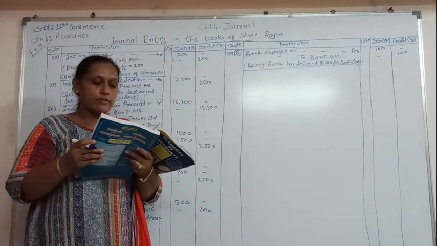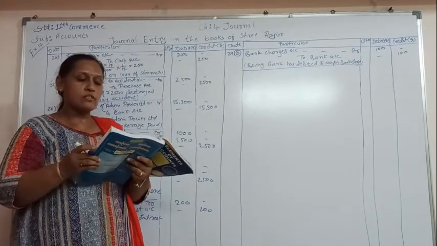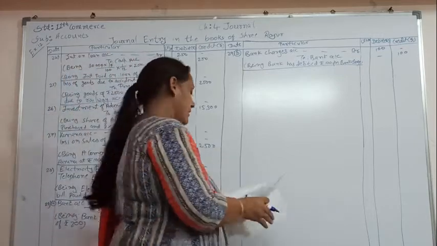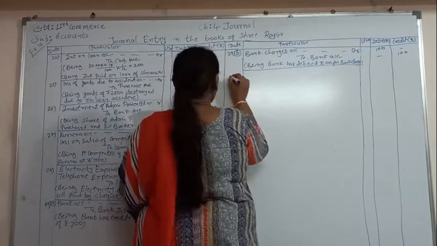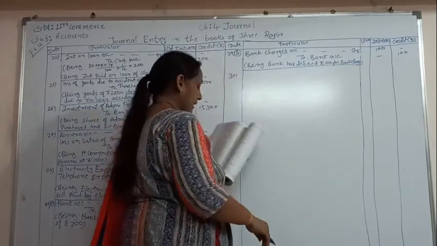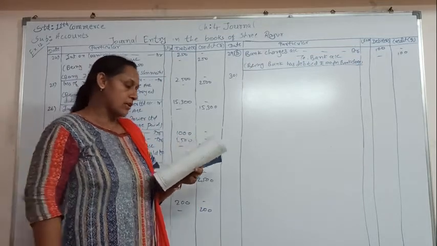Okay. Now let's see the 30th date. Goods of rupees 500 were stolen and rupees 200 was ruined in rain. So for that we can pass the combined journal entry as well as separate journal entries. Let's pass the combined journal entry.